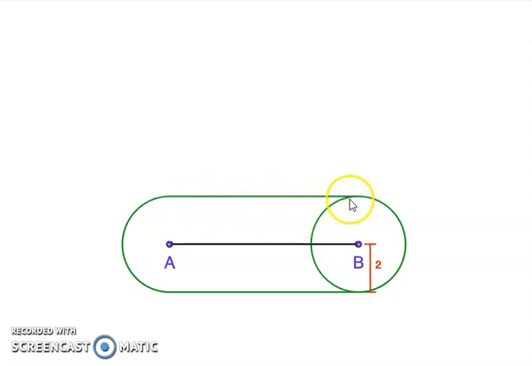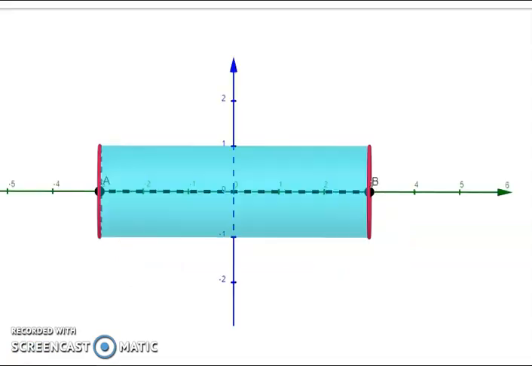Okay, so basically the locus of points from the top to here must be x centimeter also. So let me explain it to you in a real 3D figure.